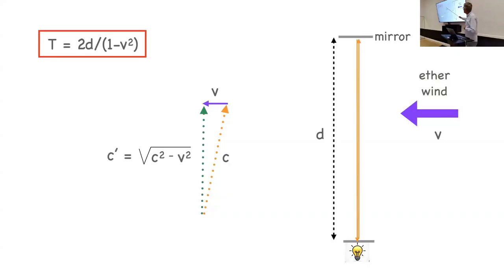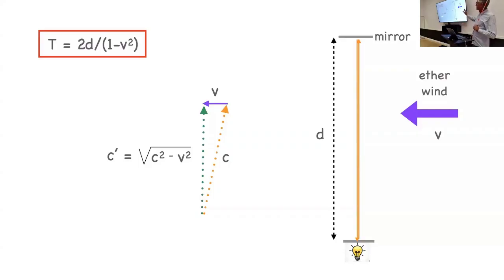v squared plus this squared has to equal c squared. It turns out that in order to get there, c prime has to equal the square root. This makes sense. So if you square this, you get c squared minus v squared. And then you add this plus v squared, well, you're left with c squared, and you take the square root. That's the hypotenuse. That's just the Pythagorean theorem. So that's kind of interesting.